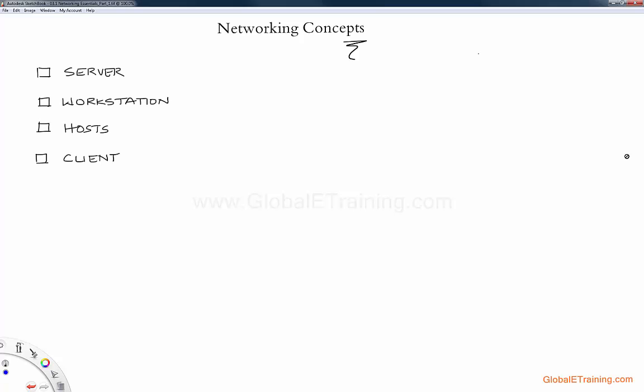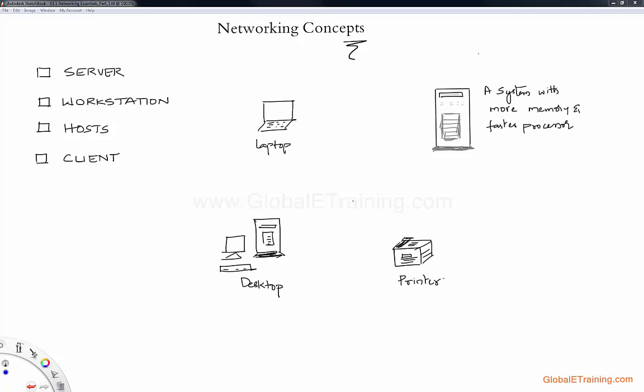Okay. First, let us take a look at a few terms that float around when it comes to networking, and let's try to understand them. They are server, workstation, host, and client. Let's try to understand these four using these little pictures here on the right hand side.